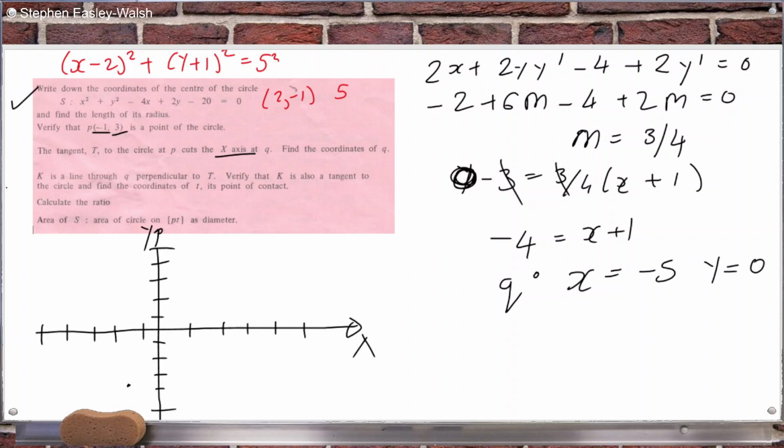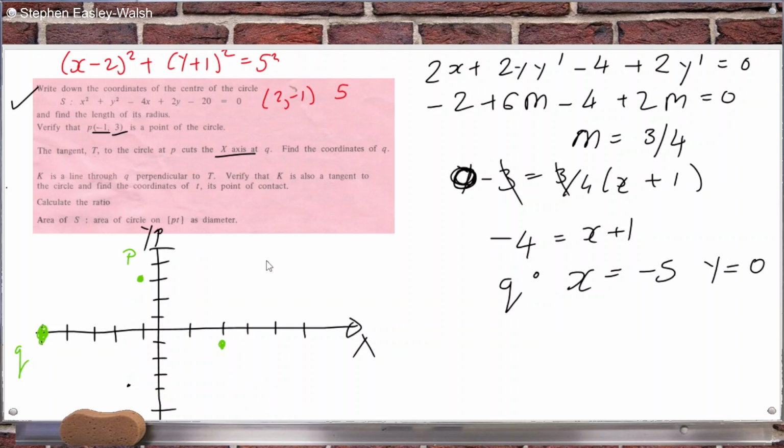Okay, so Q is at minus 5, 0. P is at minus 1, 3. The center of the circle is at 2, minus 1. And then P is a tangent.